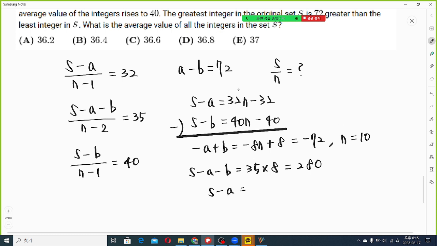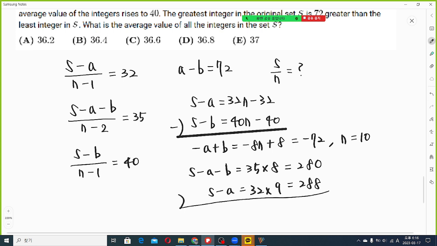If n is 10, what is 32 times 9? 288. Yep.